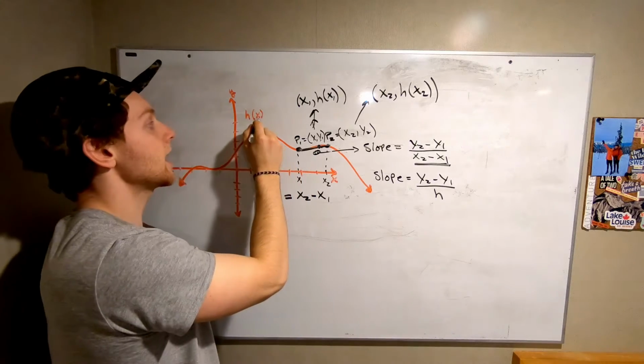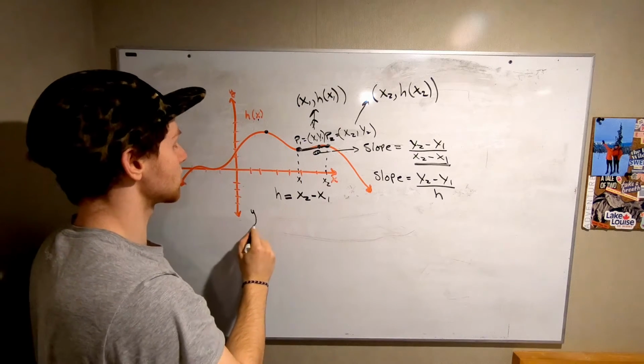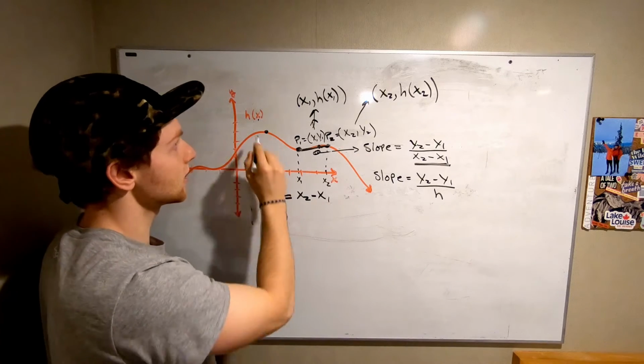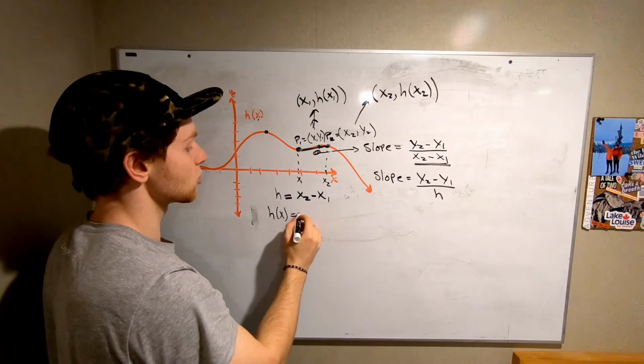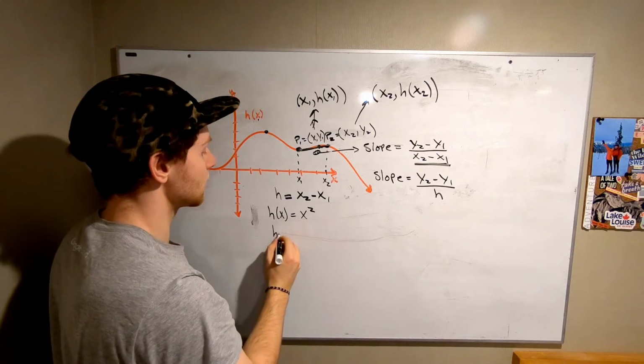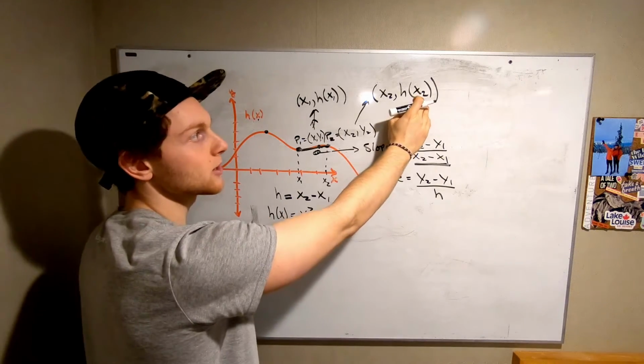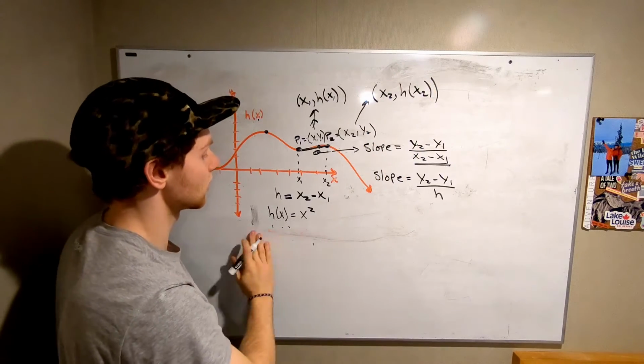Because when you plug the x into the function, let's say our function h of x is equal to x squared, so h of 2 would be 4, etc. So basically whatever this x2 is, we plug it into our function.